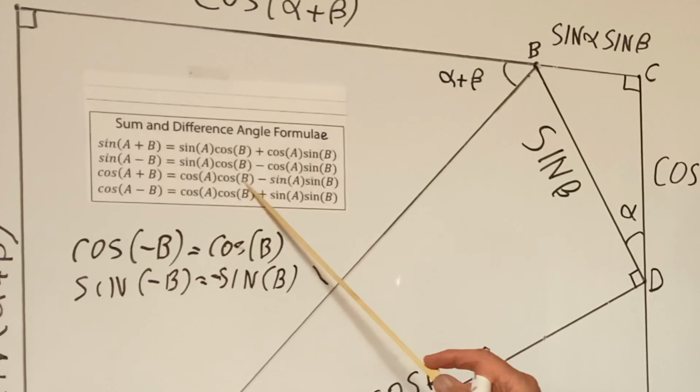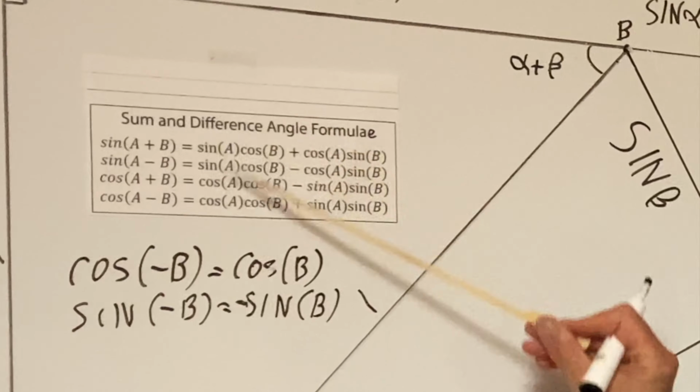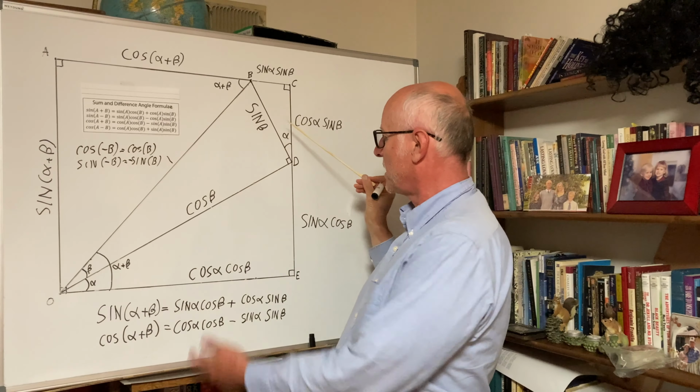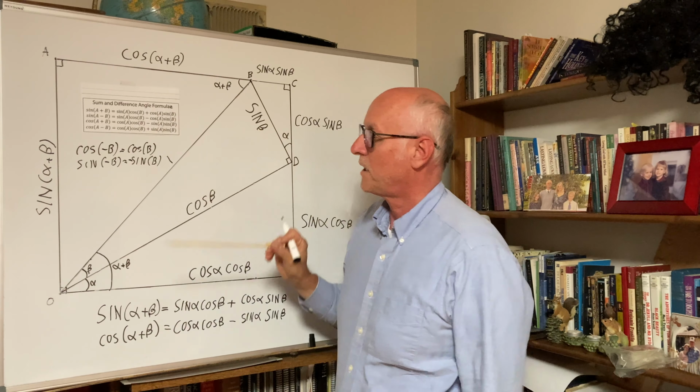That's called even symmetry. And of course, this term here, the sine of negative b, will change the sign. This becomes a minus sign. So minus times a minus becomes a plus. And that's how we get this bottom formula. And so we can get all four formulas out of just a simple little diagram like this.